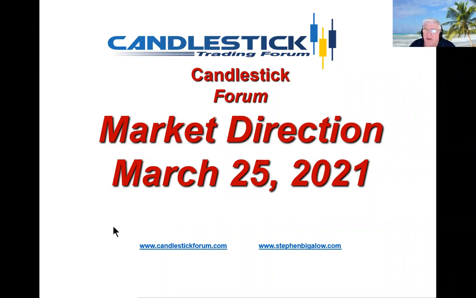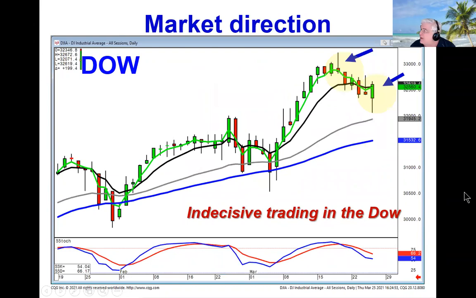The markets are still in an indecisive nature as far as the trending. As we can see in the Dow last week, when we had the shooting star signal confirmed, it told us we were in a downtrend. However, you can see the Dow has not been selling off, it's been drifting back with bullish signals.